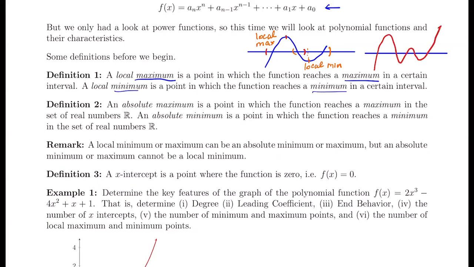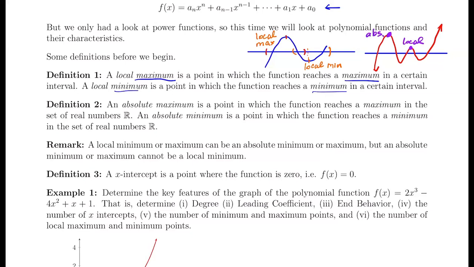We have quite a bit of hills and valleys. This point over here, which I will highlight, is the absolute maximum because it's the largest peak in the function. So that's the absolute. And compared to this one over here, this one's the local.